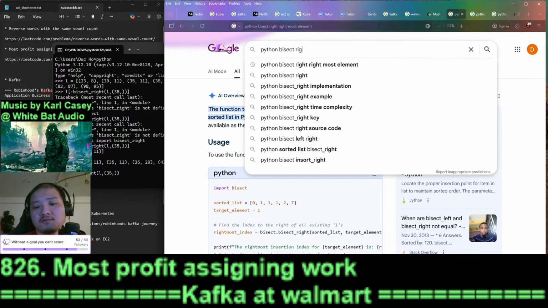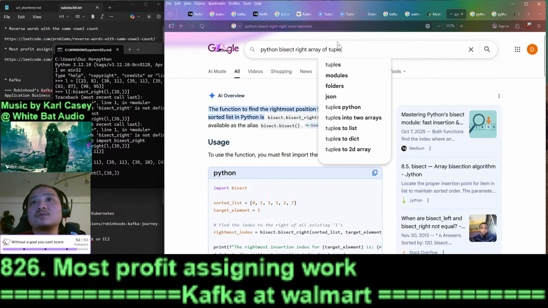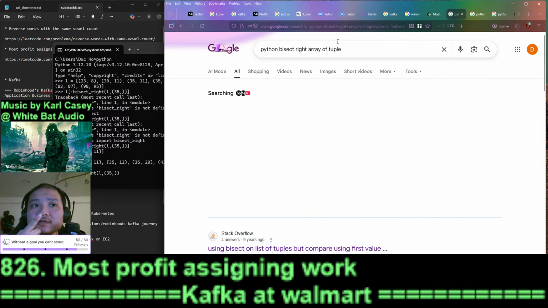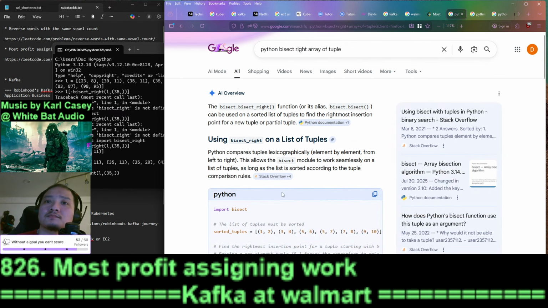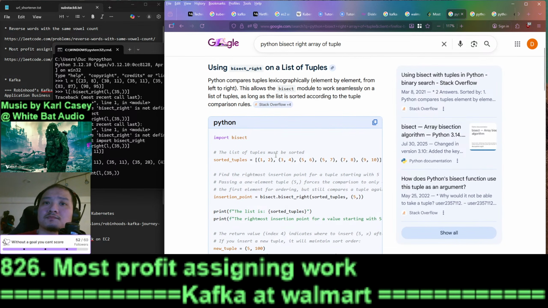Python bisect right. An array of tuples, right? We can compare that, right? Only consider the first, yeah.